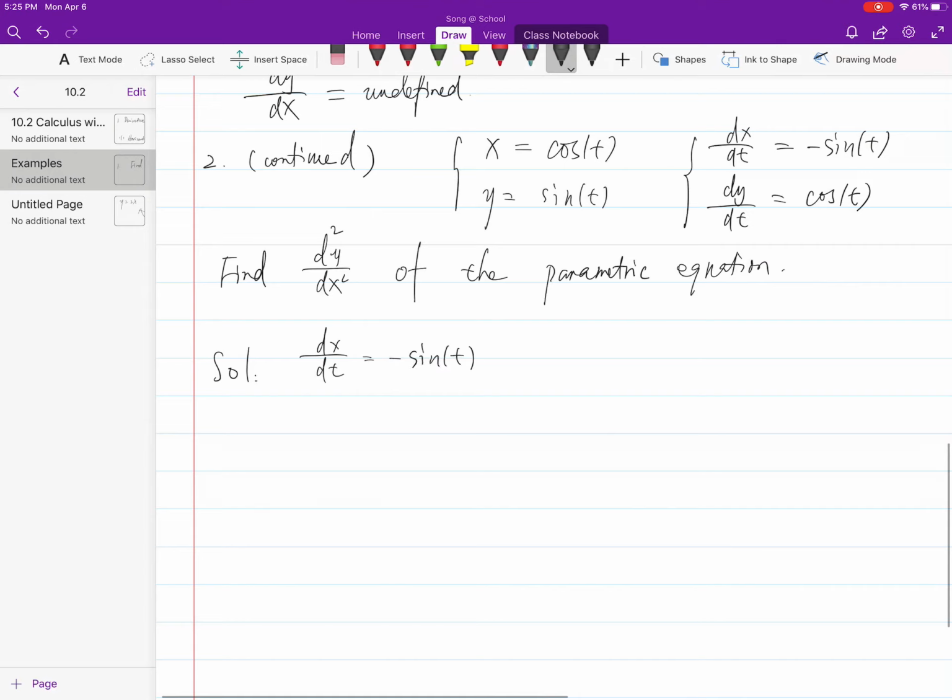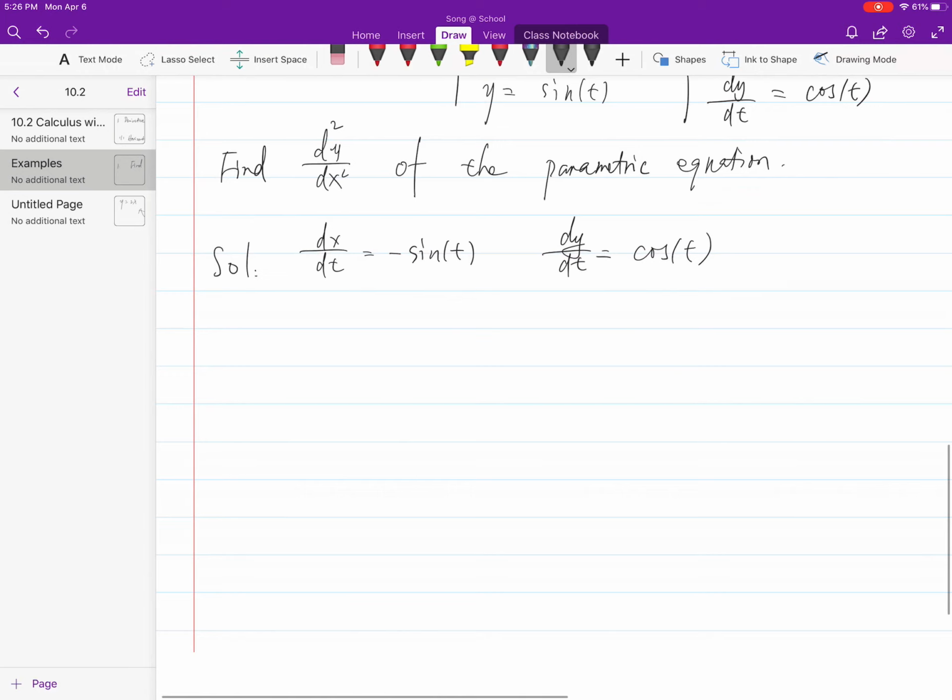But now the problem is, starting from here, how do you take the derivative again? Let's think about it. You can certainly take the second derivative of this, but then you realize I'm just taking the derivative again with respect to t, not with respect to x.